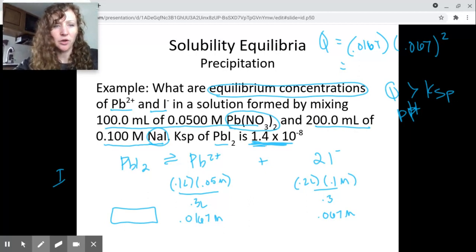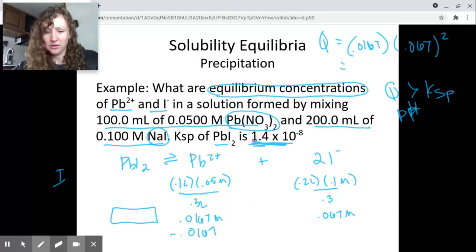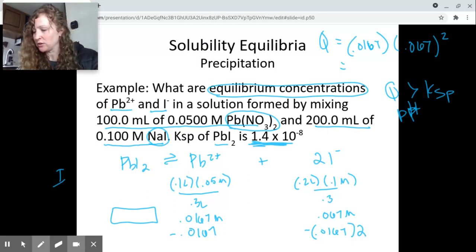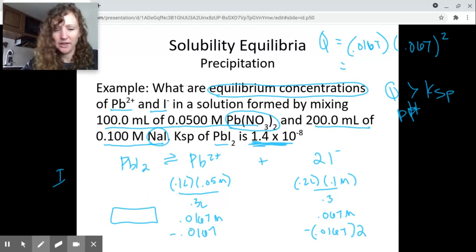So if I were to go to completion, I'm going to react all of my PbI2, and then remember, this is going to react the same amount but doubled. Okay, so let's figure out what we have left.